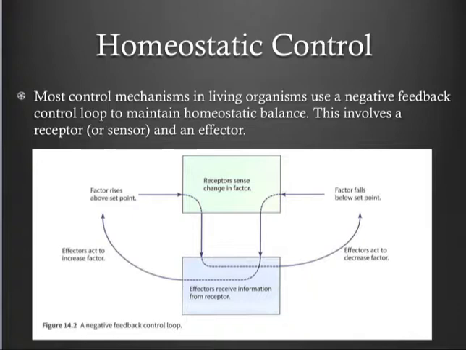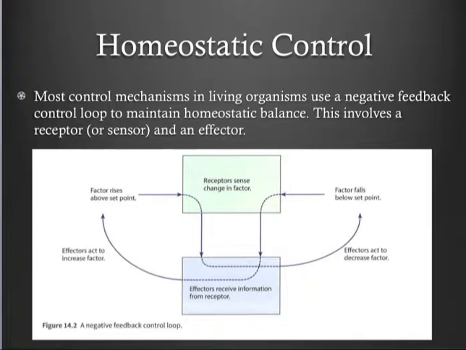Okay, so again, homeostatic mechanisms involve negative feedback because it will minimize the difference between what is occurring that's throwing your factor off and what it actually should be. So again, these factors don't stay constant. They will fluctuate a little above and a little below.